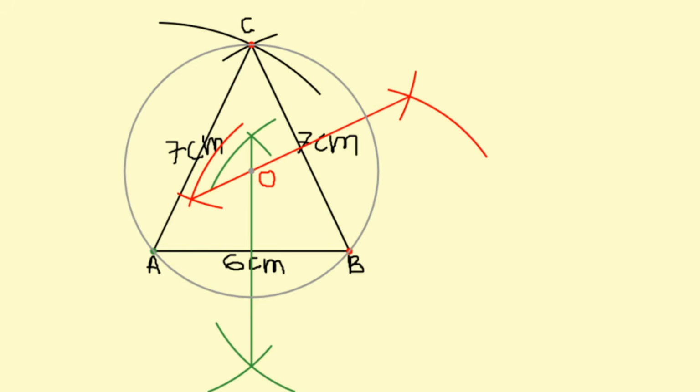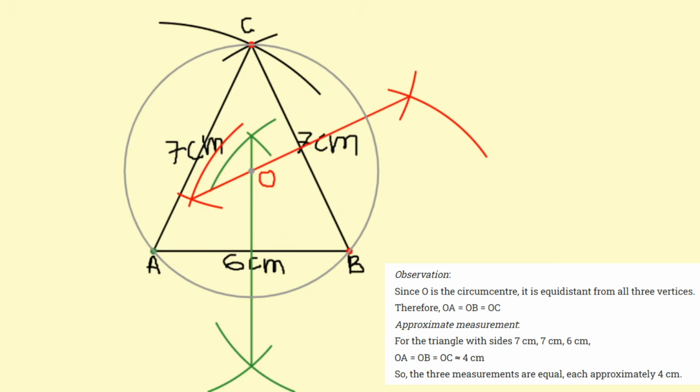Here the radius OA, OB, and OC approximately we will get as near to 4 centimeter. So it might be 3.8 or 3.9, but we will get near to 4 centimeter.